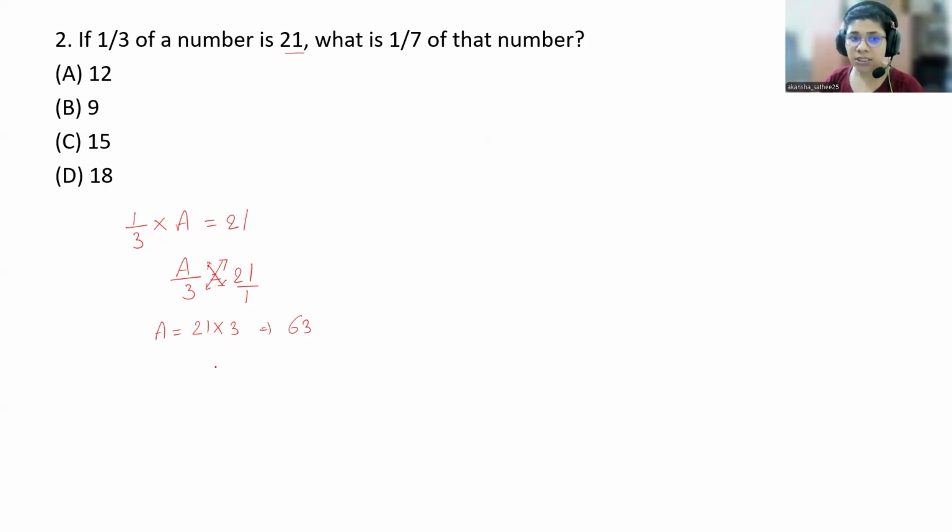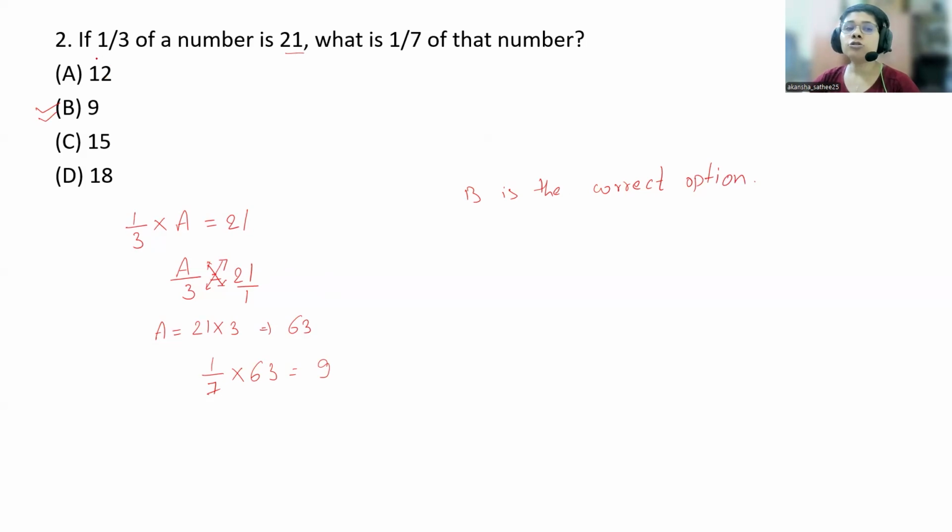You just have to compute 1 by 7 of 63. 63 divided by 7, what will you get? You will get 9 because 7 nines are 63. So 9 is the correct option. Sorry, B is correct.